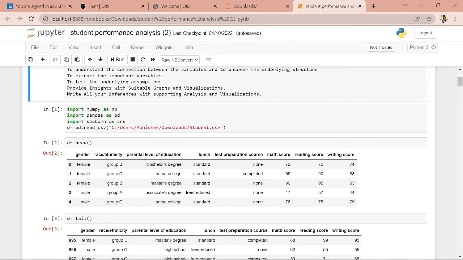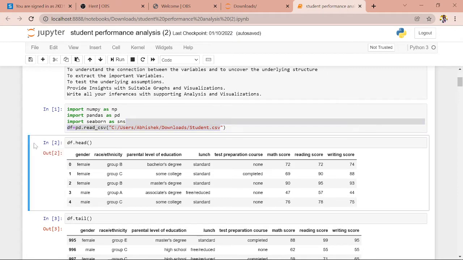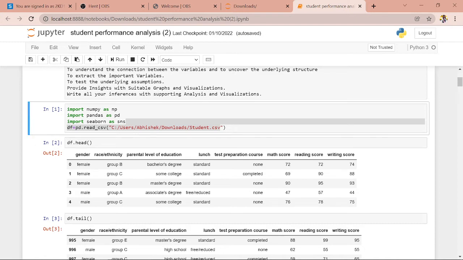Here, C users Abhishek downloads student.csv. Student.csv is the data set of this project. Here are the data sets we need. That data set will be saved in the same location where this program is saved. df.head. Here df.head defines the head part of the data set.